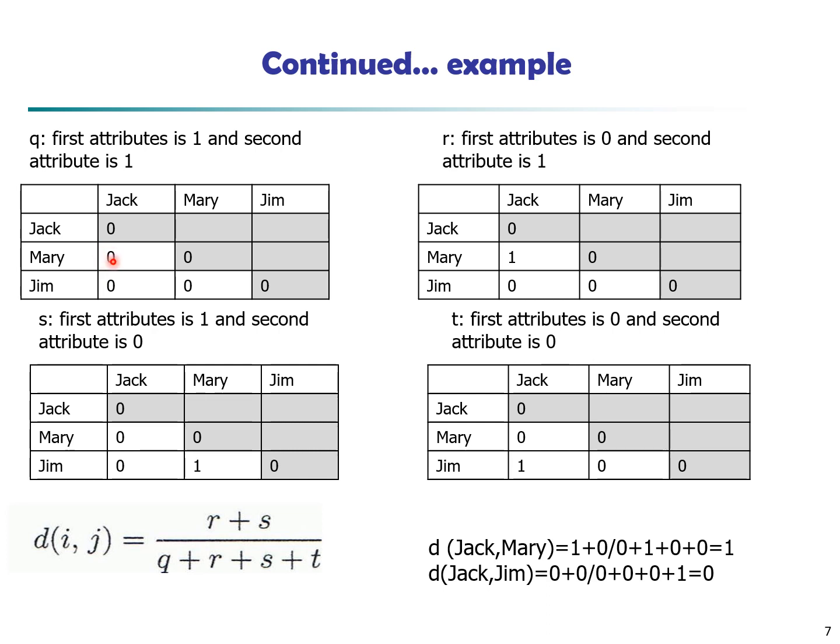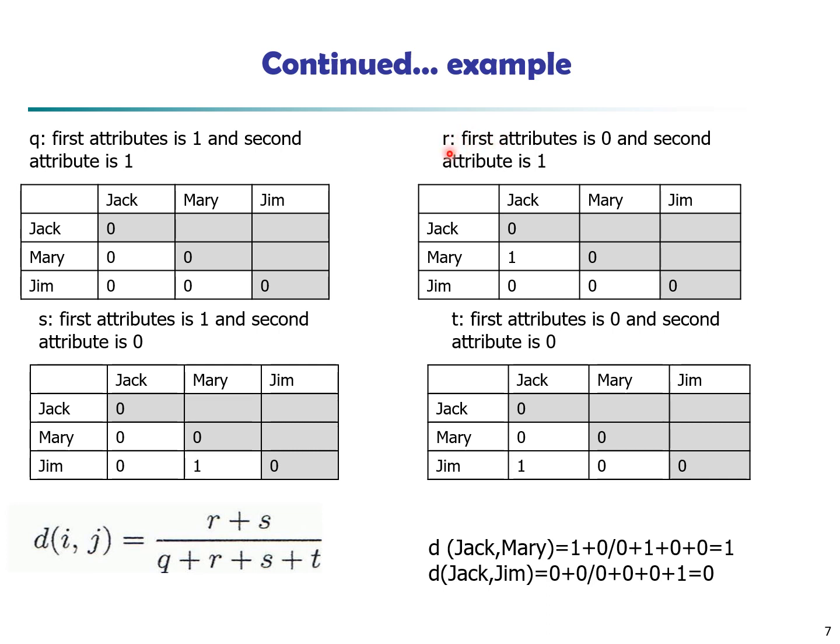Never. It didn't happen. Only 0. Okay. Is Jack 1 and Jim 1? Actually no, because both of them are 0. Is Mary 1 and Jim 1? Mary is 1, however Jim is not 1, so 0 times. Now we move on to R.